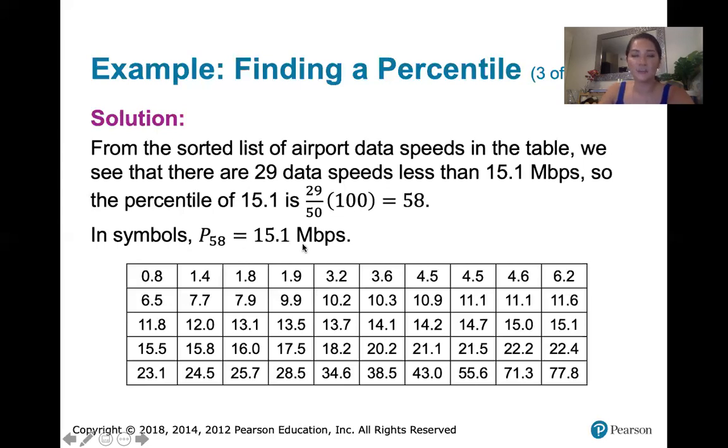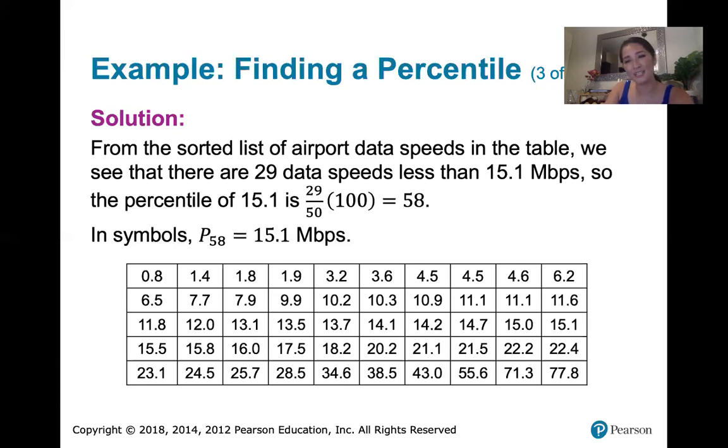Now, the way you want to interpret this, and this is very rough because of the formula that we use to calculate it, is that about 58% of the data values are less than 15.1, and about 42% of the data values are greater than that 15.1.